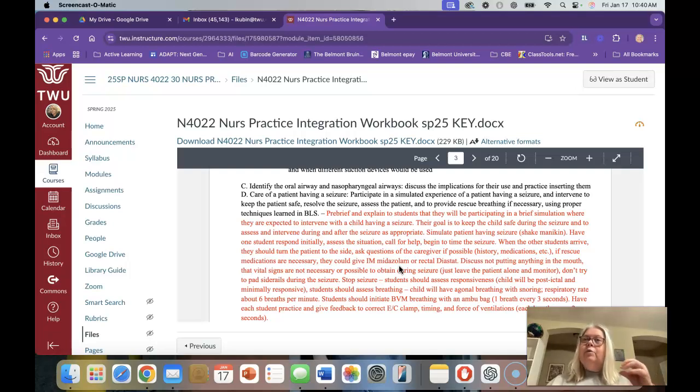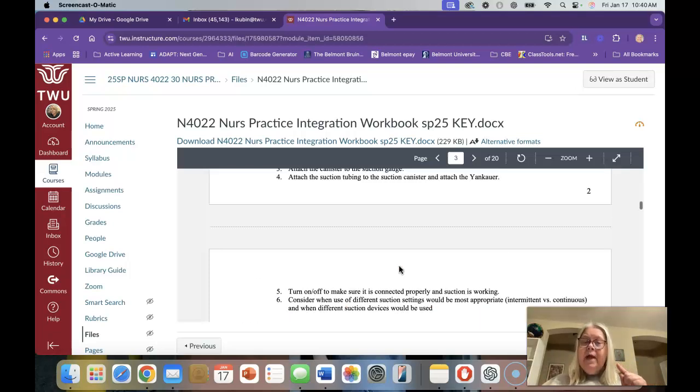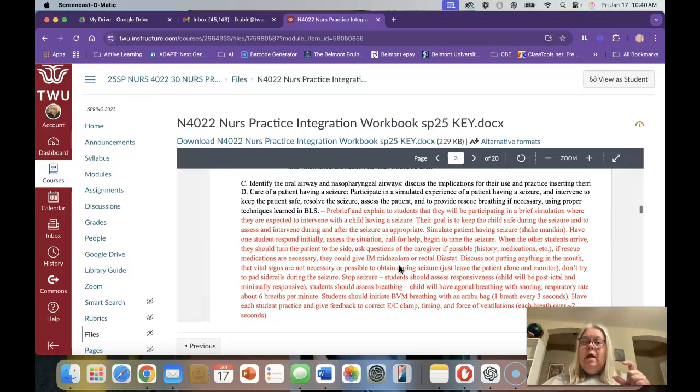You want to make sure that you watch every student do rescue breaths, because they do not know how to hold the clamp and hold the seal and actually do rescue breathing without blowing out somebody's lung. So make sure that you watch every student do that. And if it ends up being just you alone, you'll probably have to go to one room, do the sim, and then do it in the other room.